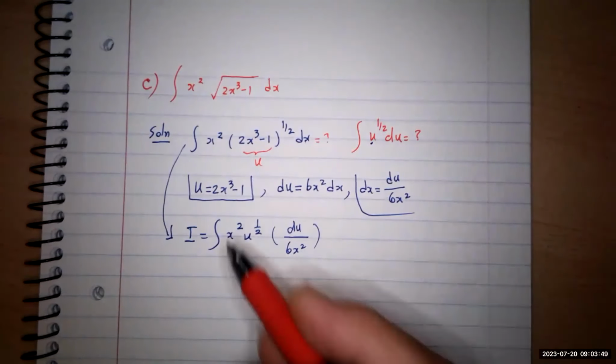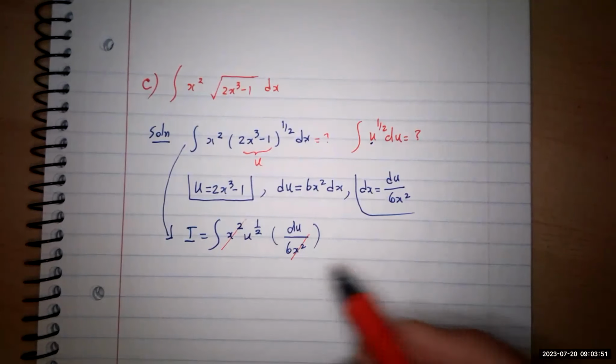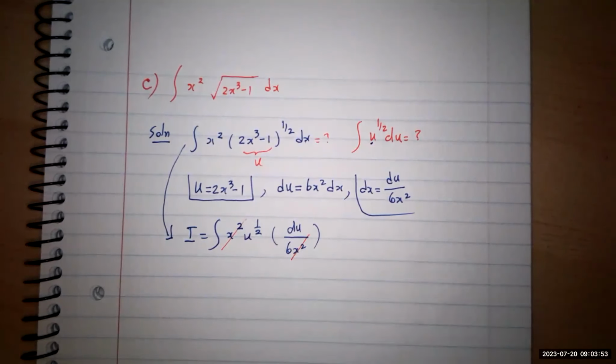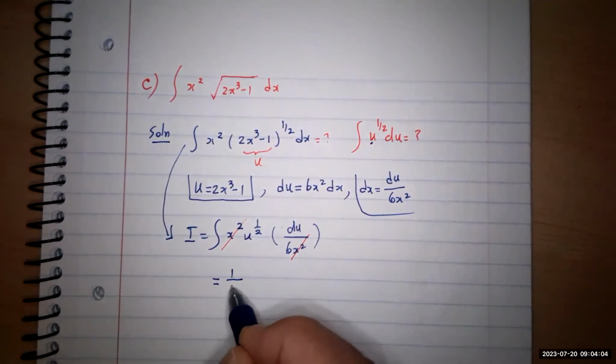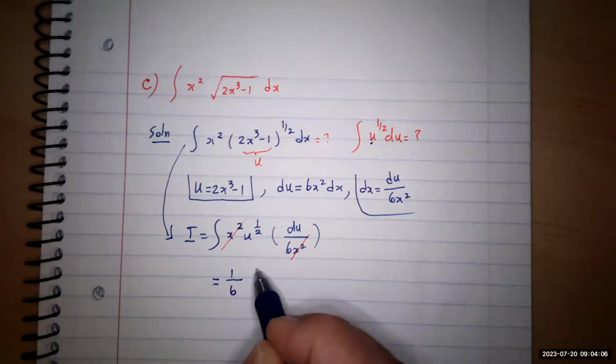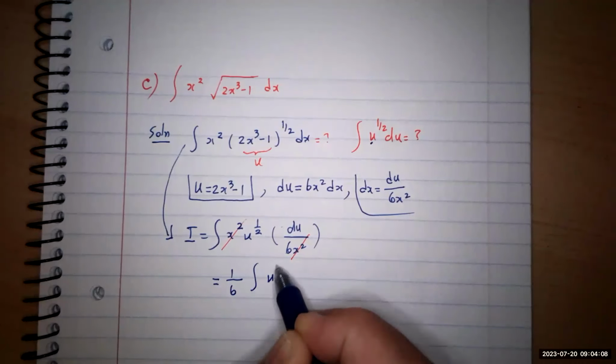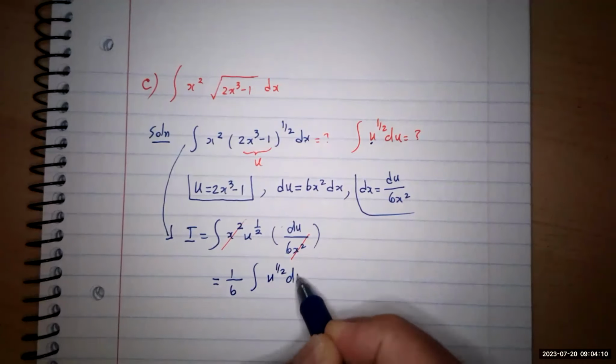Then x squared and x squared cancel out. Left over is 1/6, so pull out the 1/6. It's going to be 1/6 integral of u to the 1/2 du.